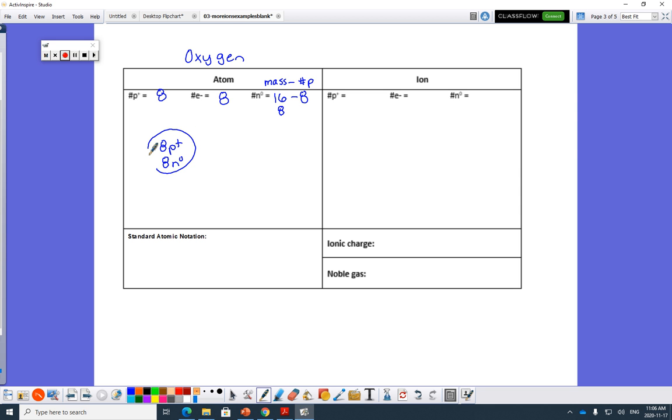So make a nucleus. When you do the nucleus for the ion, it's the same. You can do that at the same time if you want. The atom has no charge, so we're going to do 2 and 6.